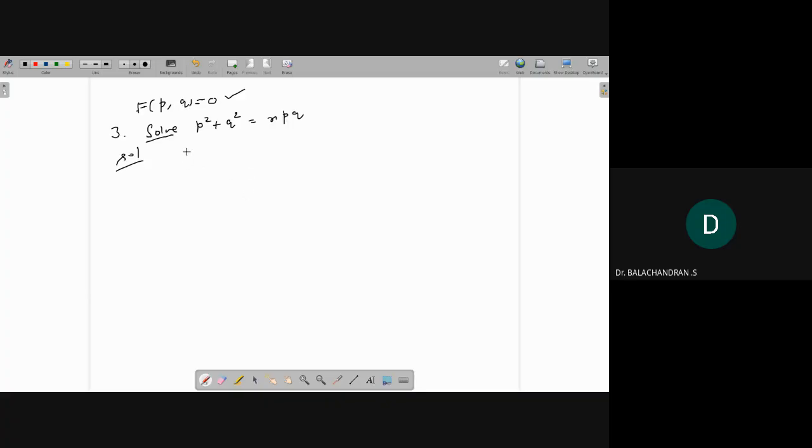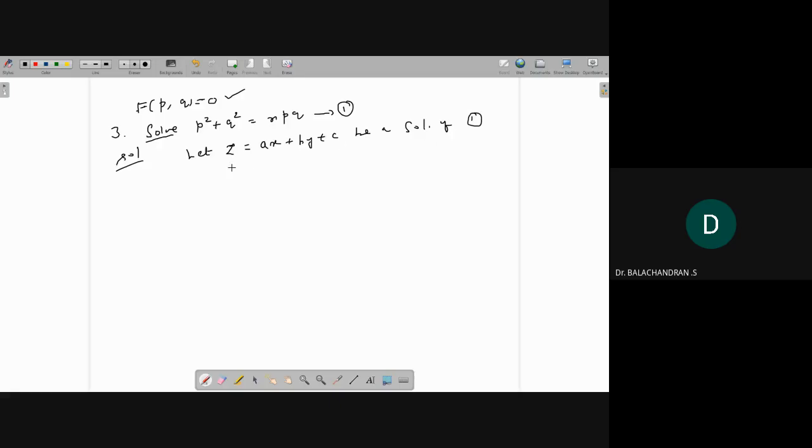Let us take z equal to ax plus by plus c be a solution of equation 1.